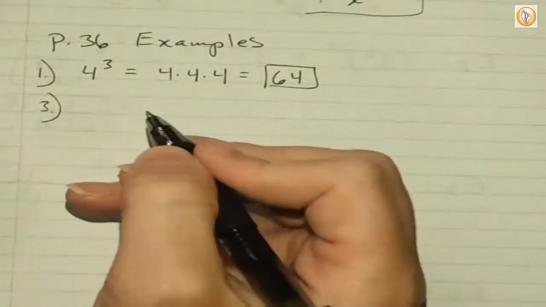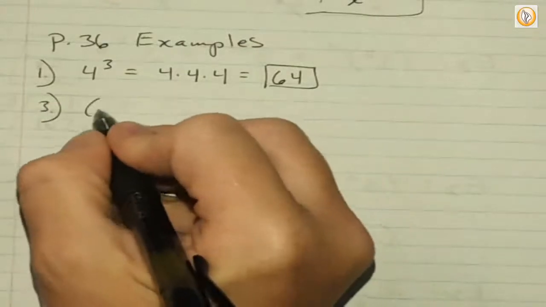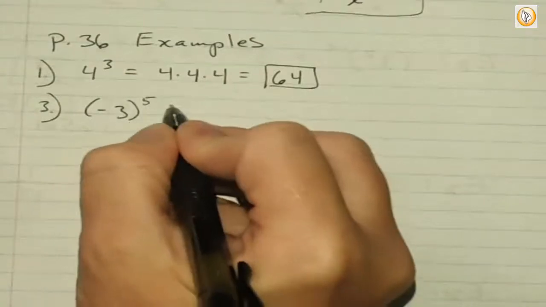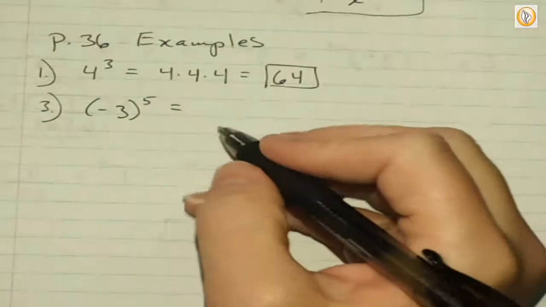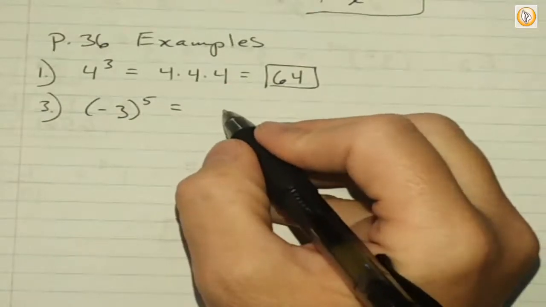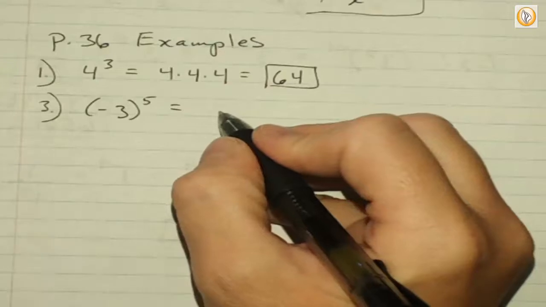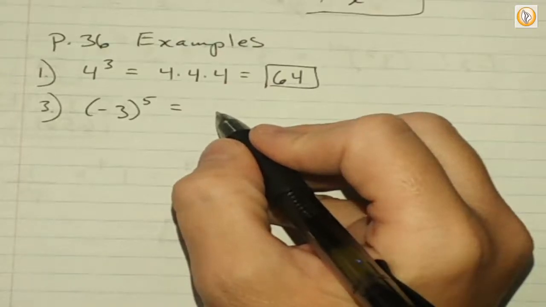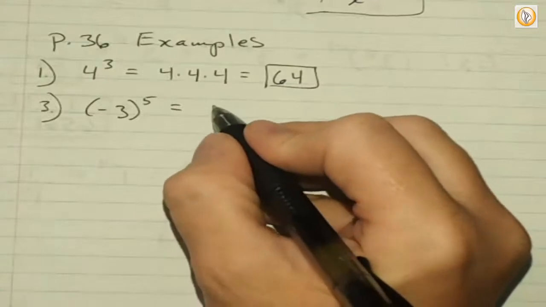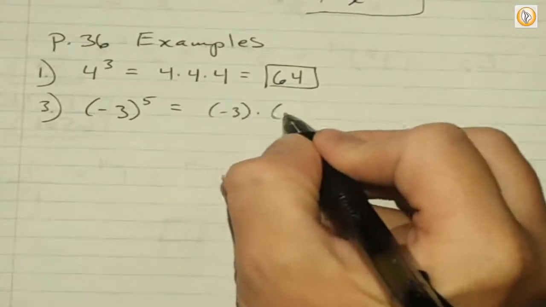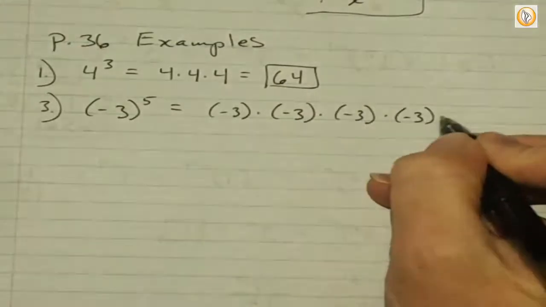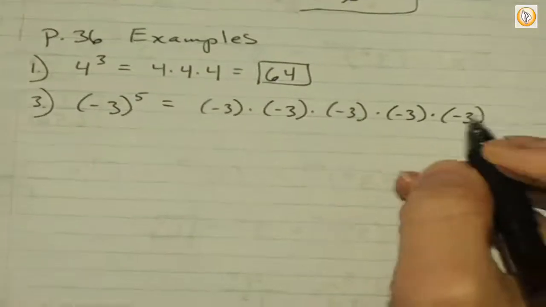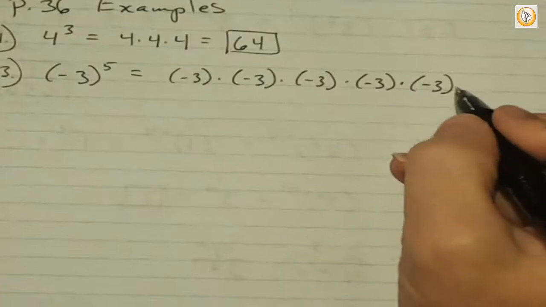All right, Michaela, number 3. It's negative 3 to the power of 5. How would I write that in expanded form? Do parentheses negative 3 times negative 3 times negative 3 times negative 3. Oh, wait, like 5 times. Very good. And I'll give you a minute. See if you can come up with the answer.